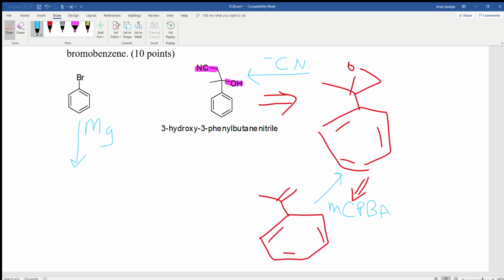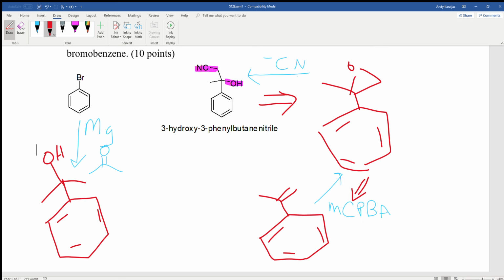We need to add a total of 3 carbons, and so we can put the oxygen in the middle, to get that intermediate.